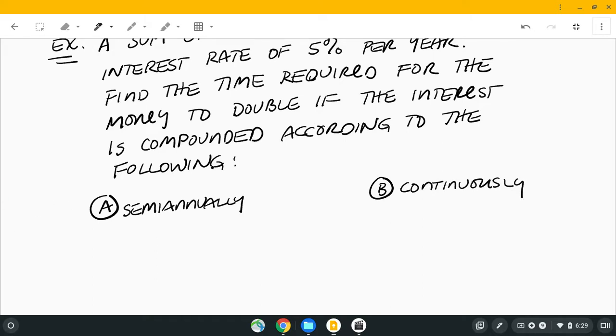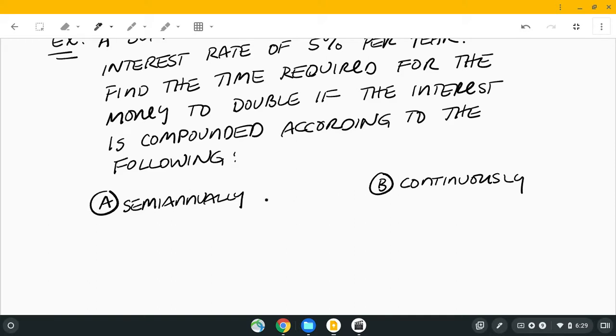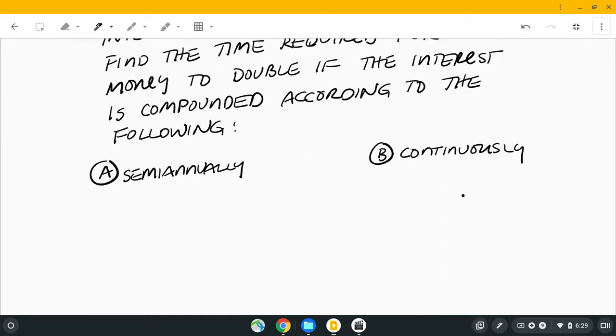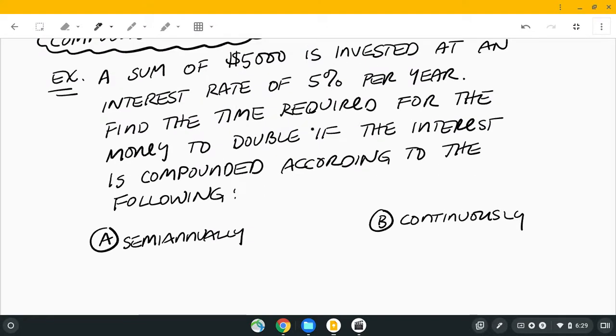All right, so we already know that continuous compound earns more interest. But let's see how much longer it takes for this one to double compared to that one. So what do we know? We know our principal amount.